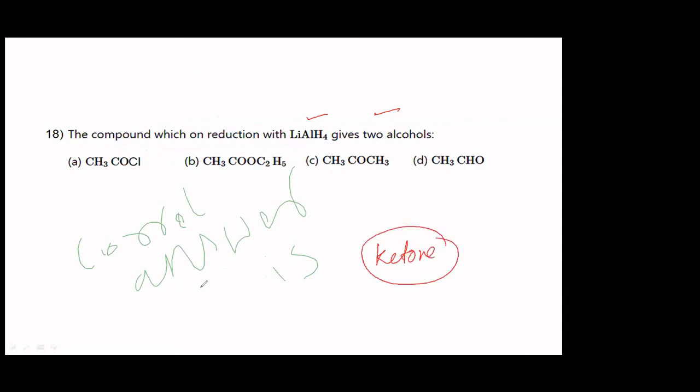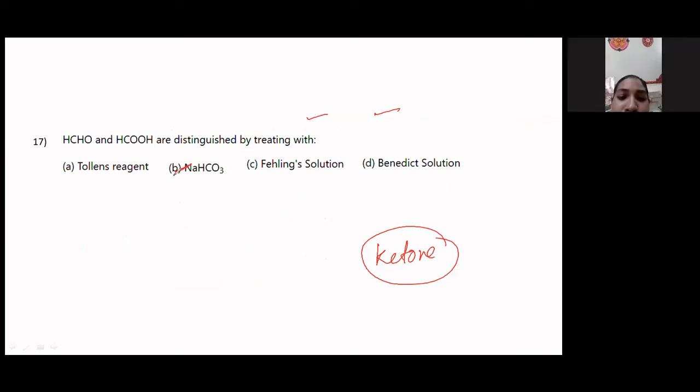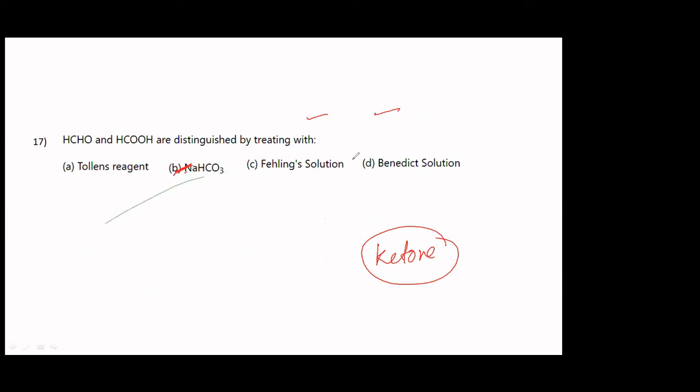And 17, let me go back to that. 17 is option B, NaHCO3. And 16 also you want, this is the correct option. These 3 tests are given by both of them except this, which is given only by acids.